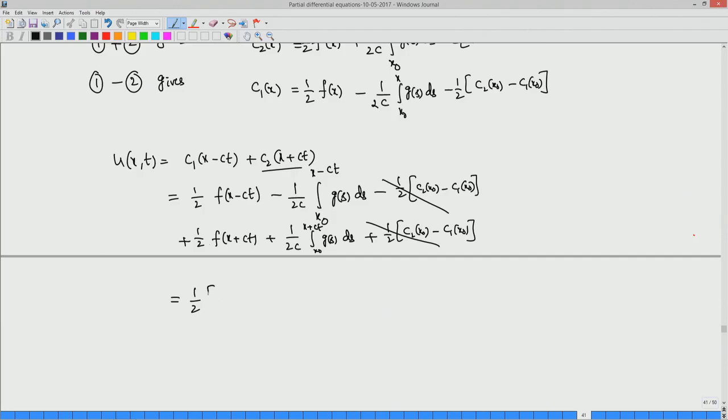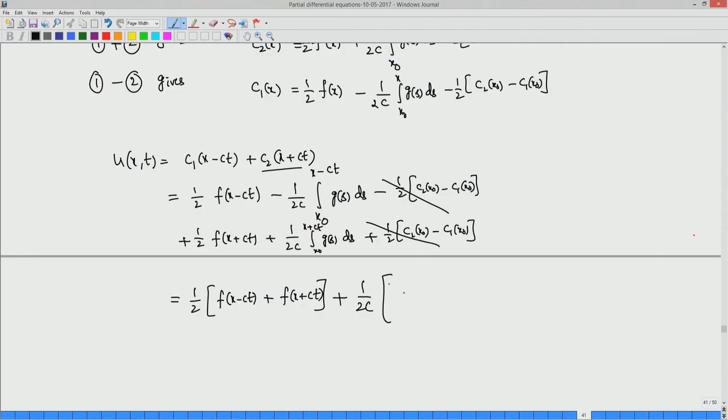If you combine, you see that f at x minus ct plus f at x plus ct, half of that, and then this one you can write x minus ct to x naught. So 1 by 2c is common.